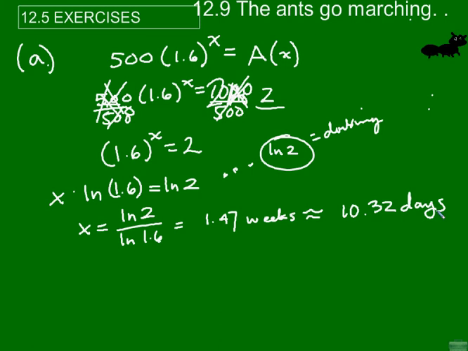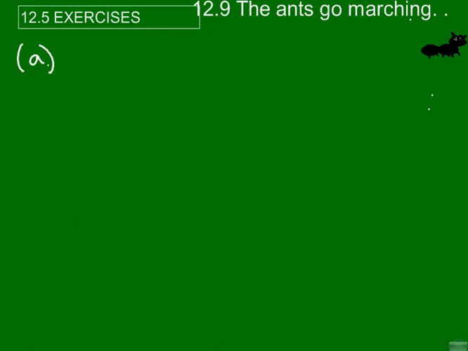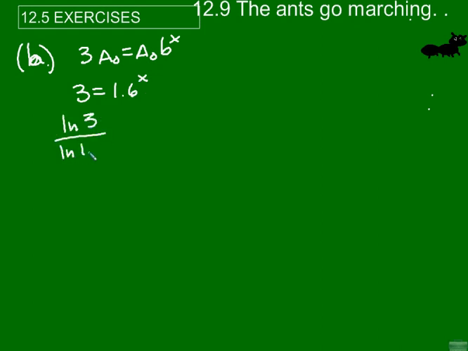Okay, part B. Here we go. How much time does it take to triple the population? Well, let's take our little shortcut here. This is part B. So 3 A0s is just going to leave me with 3 equals 1.6^x. And so natural log of 3 over natural log of 1.6 equals x.